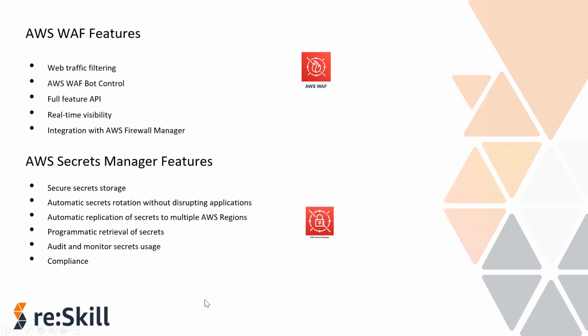This is all about today's session, where we went deep with these two services. And we will continue to learn more deeply about AWS security in our upcoming sessions with some new services.